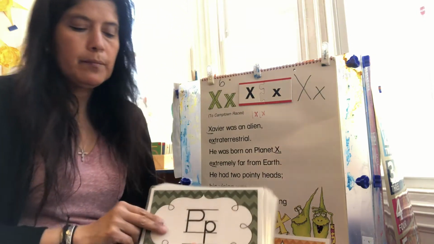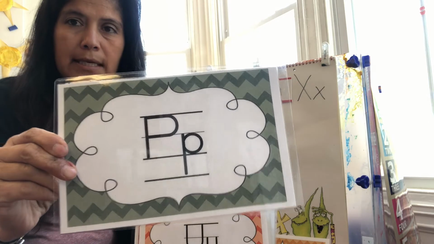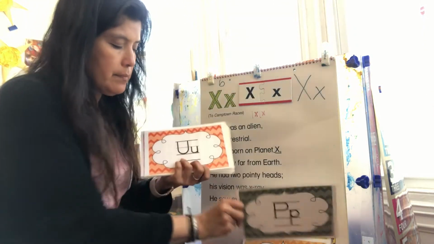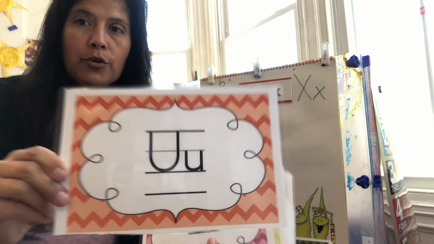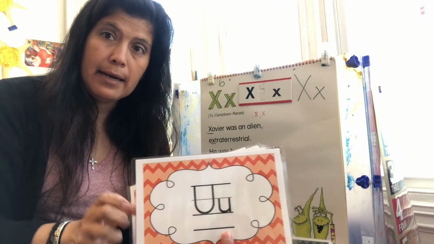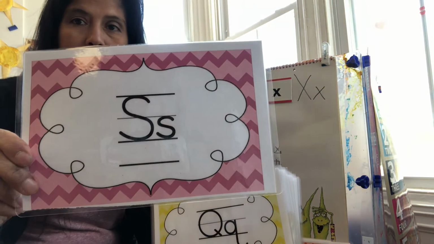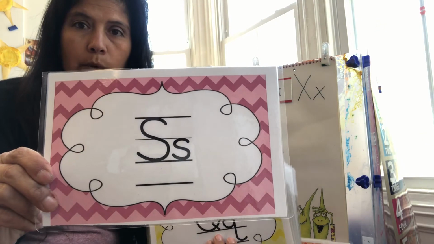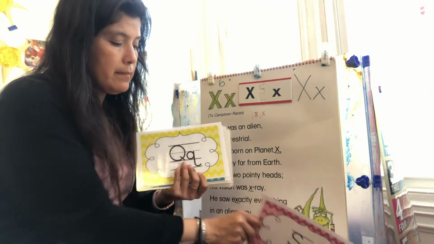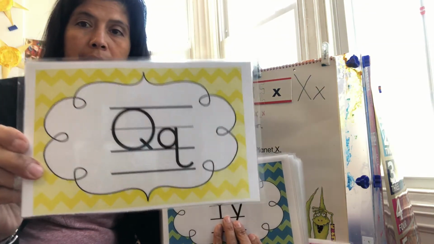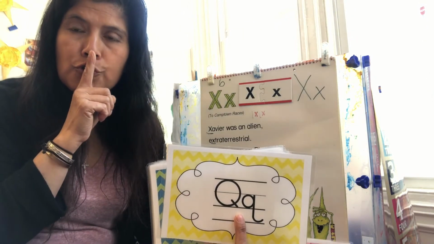Very good. And then we have the letter P, P for Preston and popcorn. The letter U, U for up and umbrella. We have the letter S, S for sun and or seeds. We have the letter Q, Q for queen or shh, quiet.